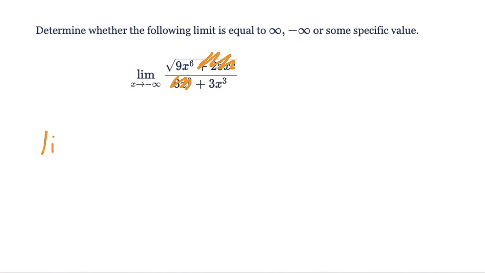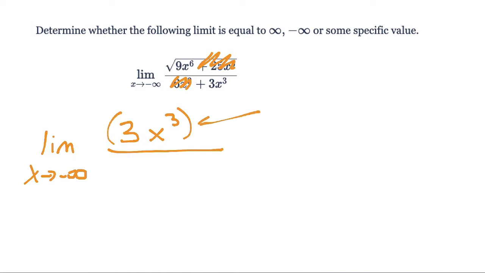So take a look at what's happening as we take the limit as x goes towards negative infinity. And notice on the top, you have 3x to the third, but whatever is in here is always going to be positive because we are going to take it to the 6th power and then take the square root of it.